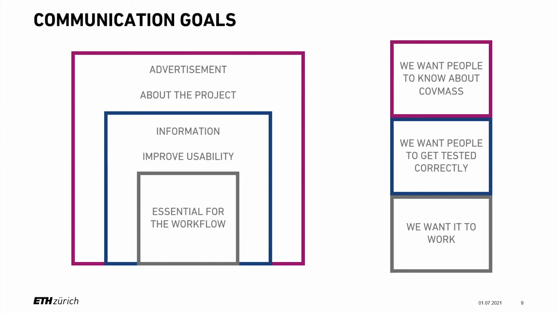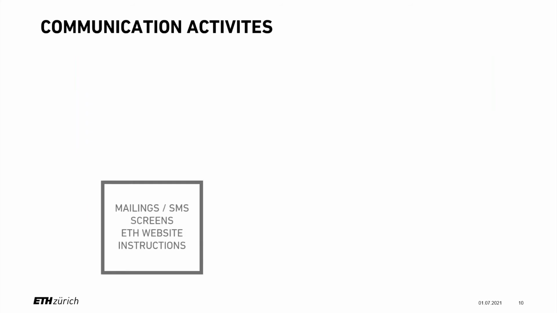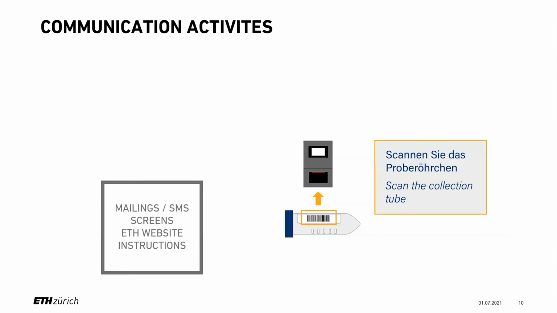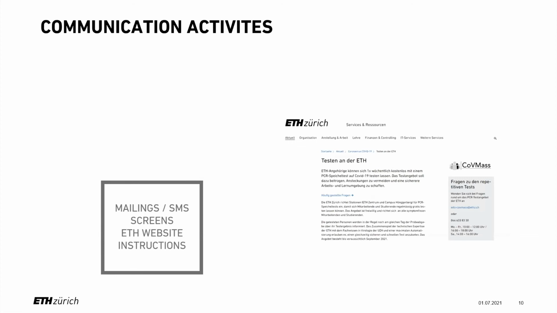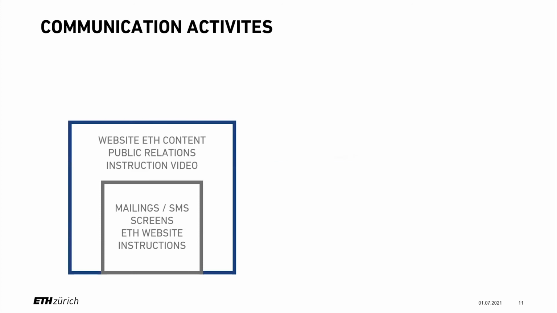So here I have some examples for the goals we wanted to reach. We have mailings and SMS. We have the screens for the automats, where we had little icons and simple sentences. We had the ETH website and the instructions so people use it correctly.